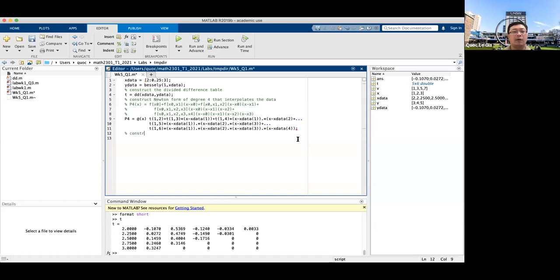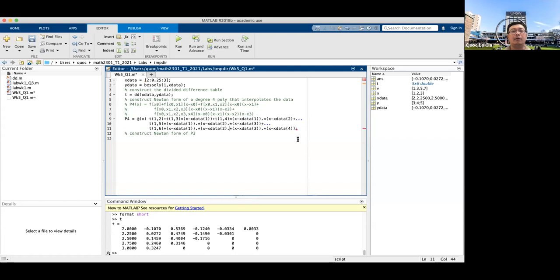So construct P3. This one is a cubic. Construct the Newton form of a cubic, of a degree 4 polynomial.